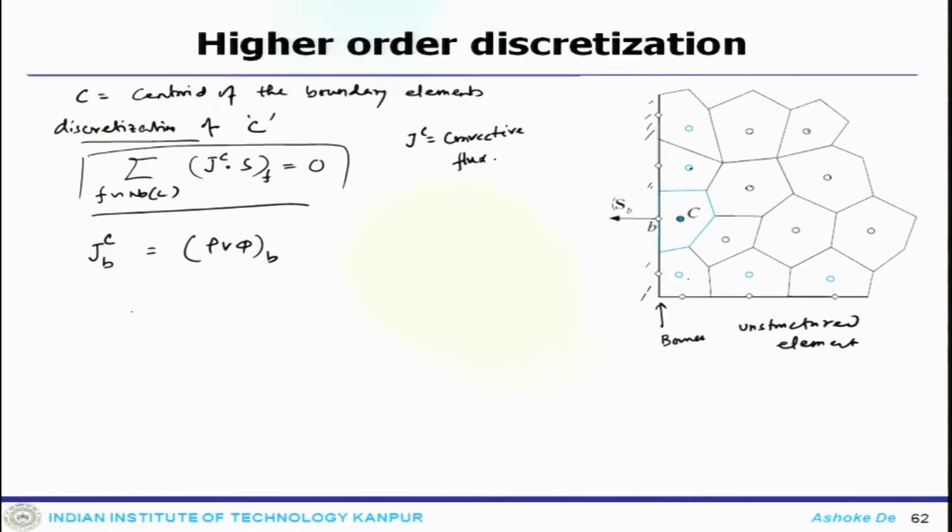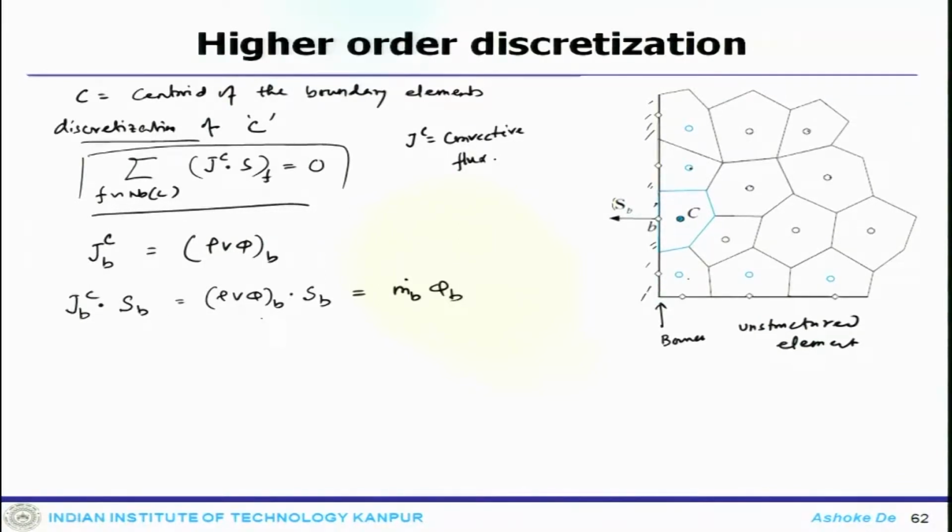This is rho V phi at these boundary faces, such that J_B,C dot S_B will become rho V phi_B dot S_B, and one can say at this face it is the flux m dot phi_B.